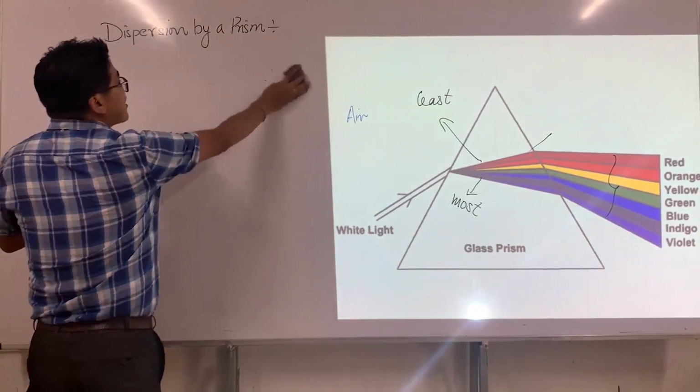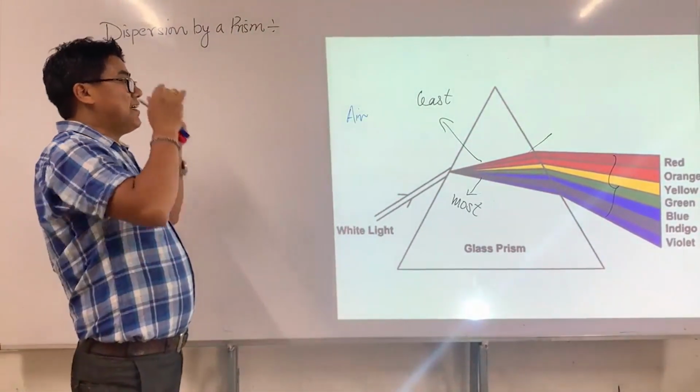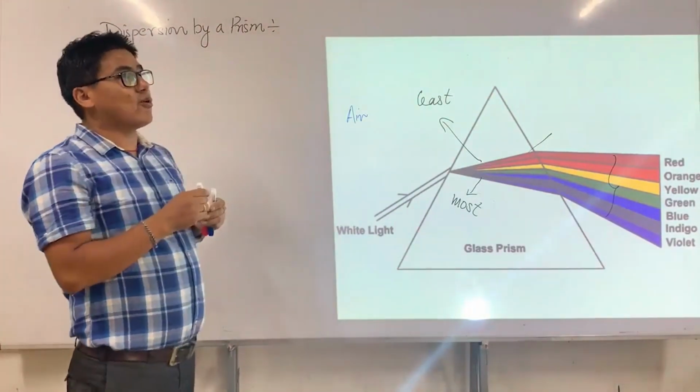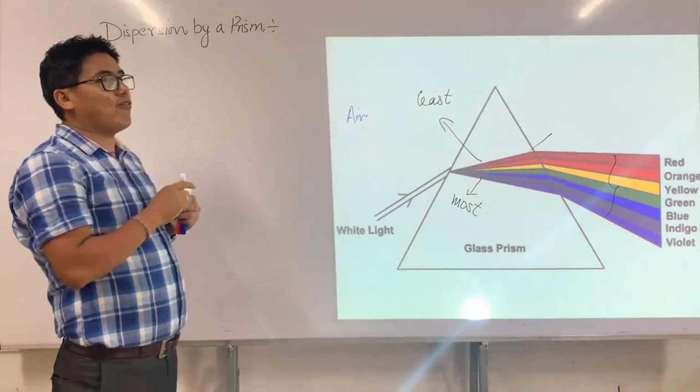Why does dispersion occur? Because refraction, or refractive index, is also defined by the wavelength of light.